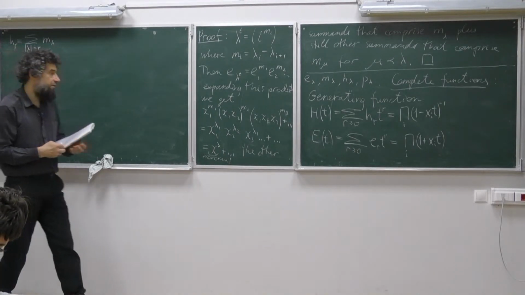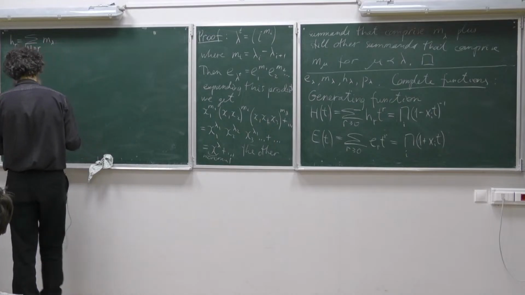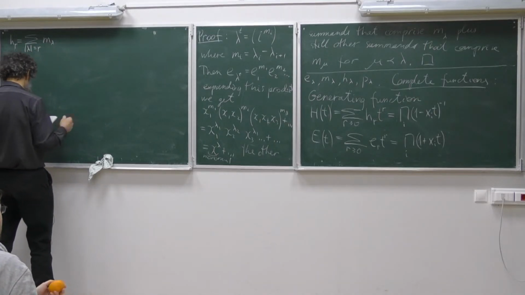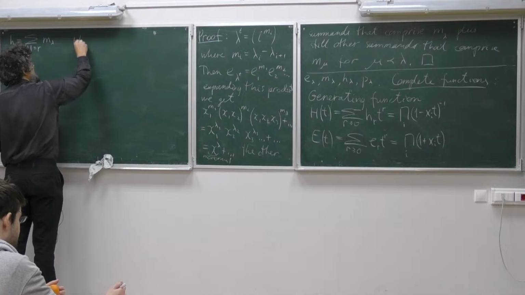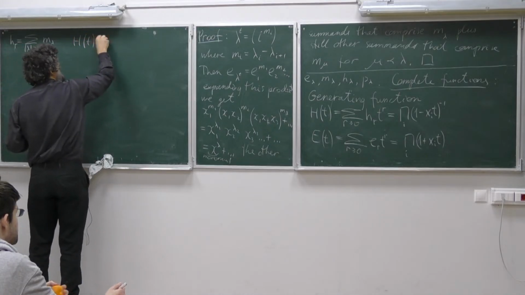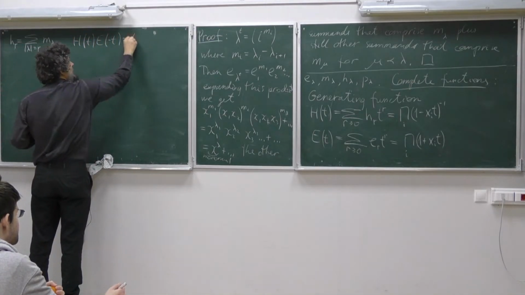Okay, so from this we see that the product H of t times E of minus t is just 1.